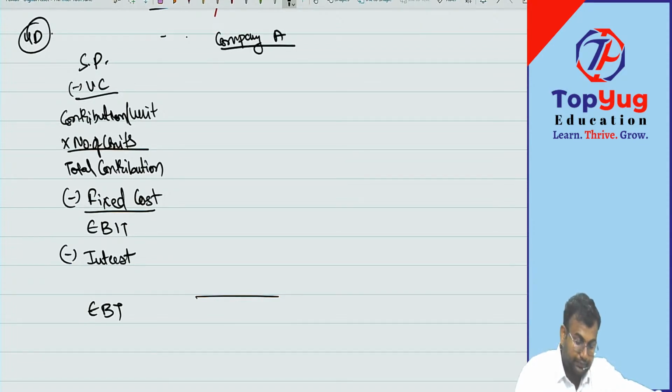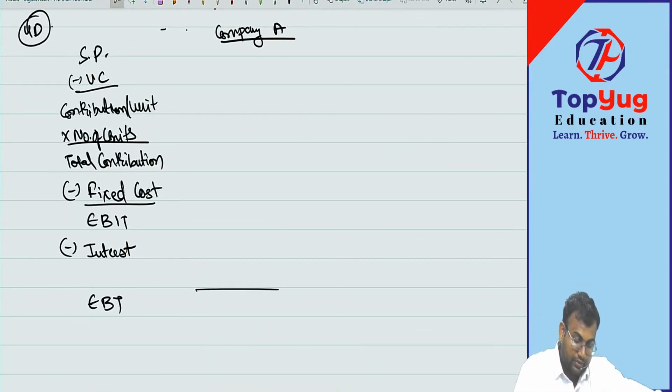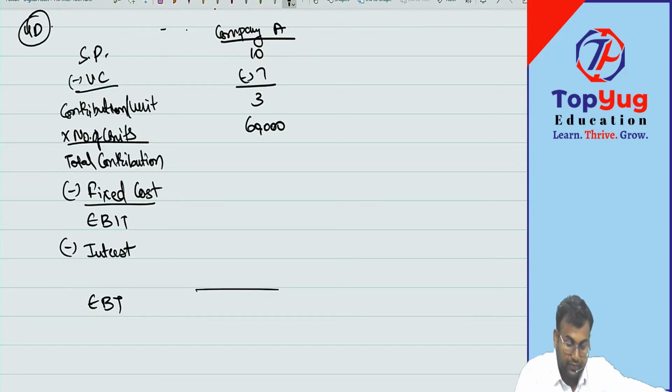Company A, let's start doing it. 10 minus 7, 3 per unit, number of units 60,000. So we have 1,80,000 of total contribution, of which, oh sorry, selling price is 30 minus 10. Sorry, I have seen some different number. 20 into 60,000 would be 12 lakhs.